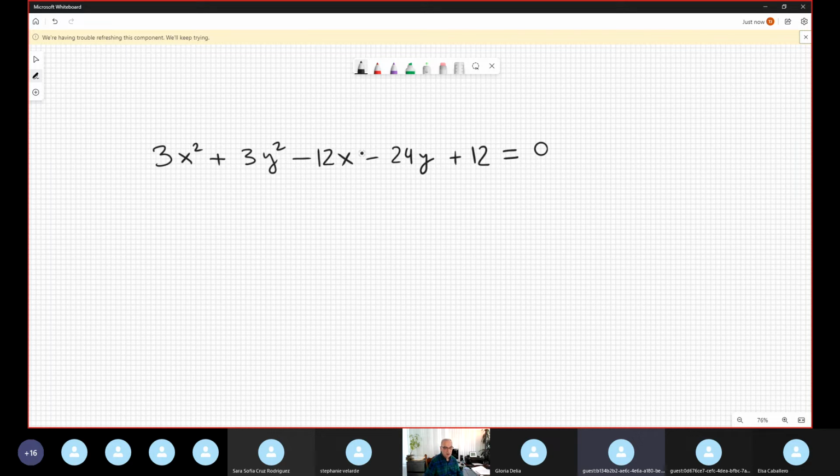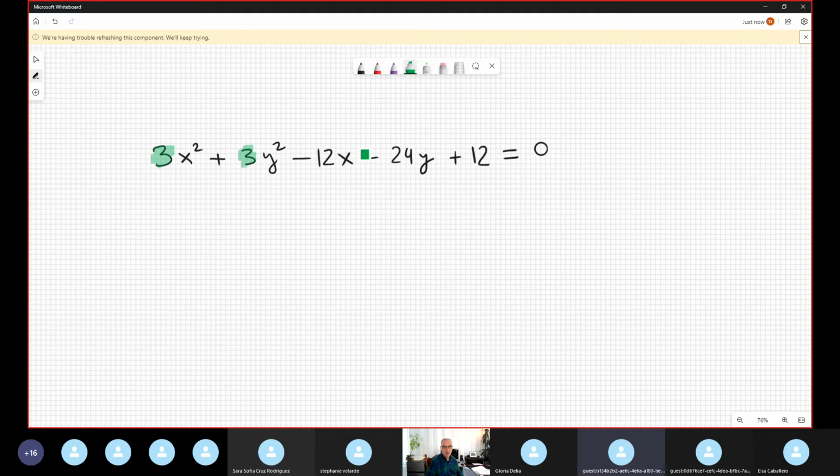Normally in my mind, x squared plus y squared plus ax plus by plus c equals 0 is the general form of the equation. But here we have a coefficient 3. In this case it's the same, because the most important thing is that this coefficient should be equal to this coefficient.